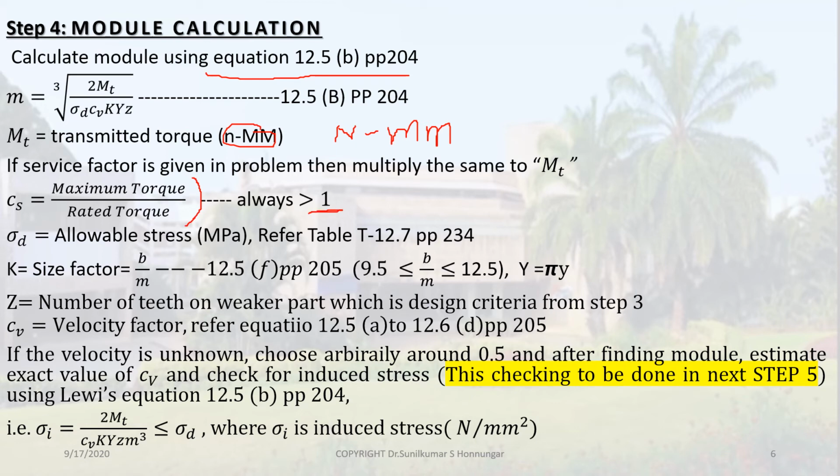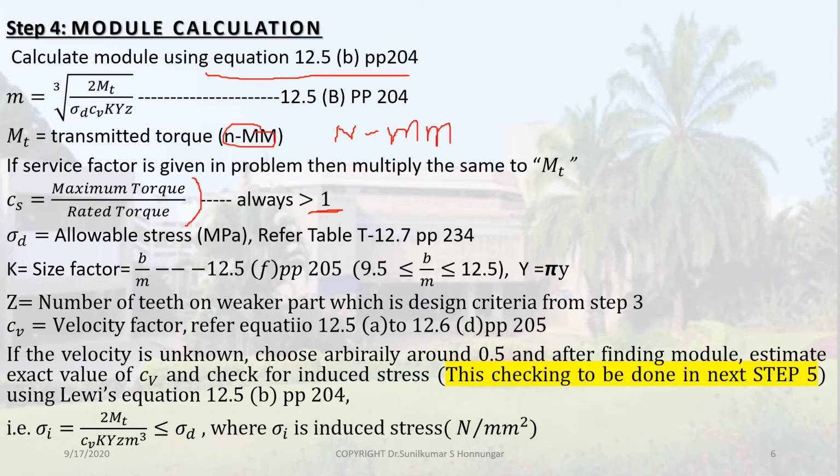If it is not given, you simply take it as 1 or discard it. If it is given, multiply it to mt and substitute that mt multiplied by cs in this expression. Cs is maximum torque divided by rated torque. While solving the problem, we will see what that is.